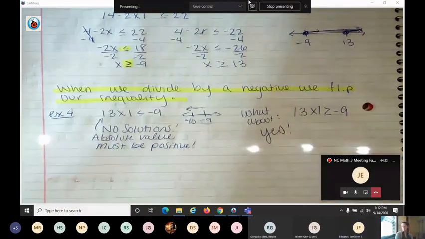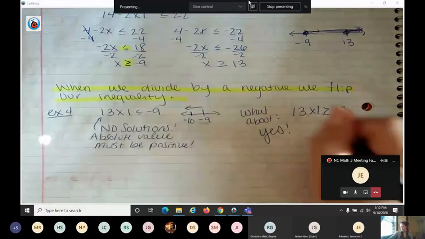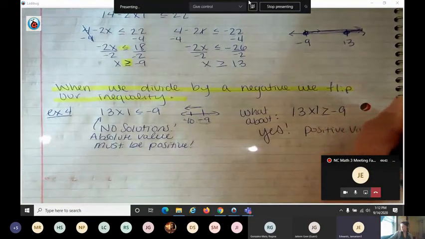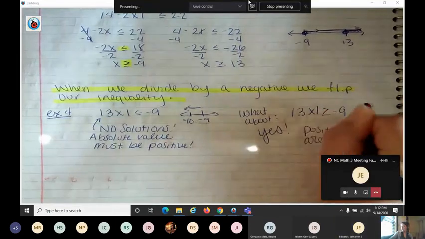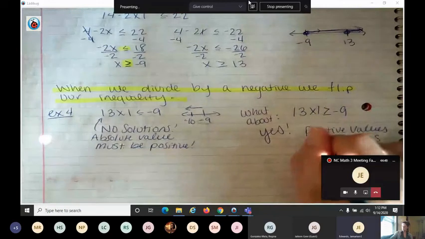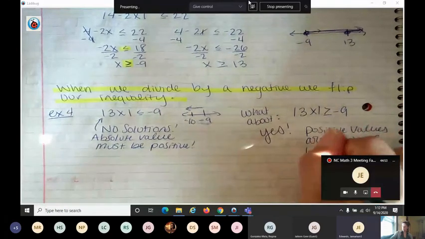Why? Because it's greater than. Yeah, positive is always going to be bigger than negative. Positive values are always bigger than negatives.